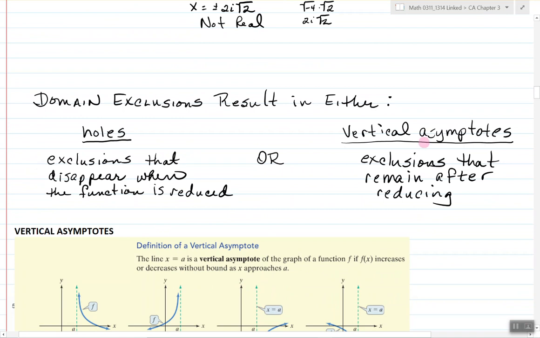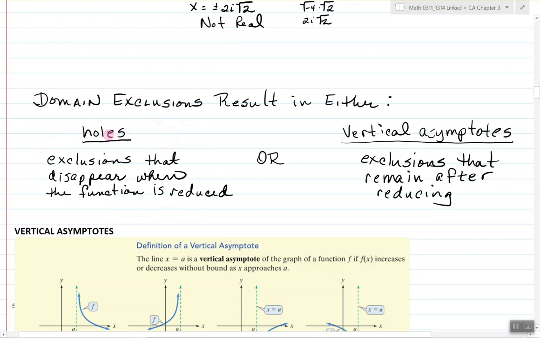All right, let me shrink this down a little, because domain exclusions result in either. There are two ways that the domain exclusions manifest themselves on the graph. One way is the exclusion that disappears when the function is reduced. It's an exclusion, but it gets reduced out of the expression. We get what are called holes.